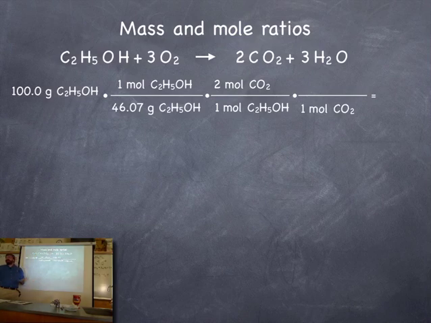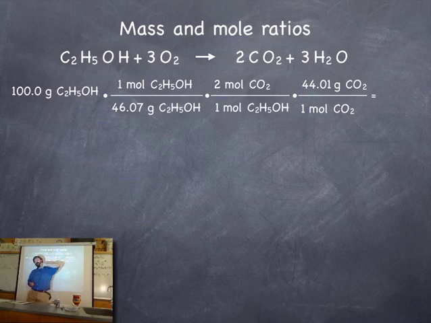The periodic table gives me that information. If I add the value of 1 carbon plus the value of 2 oxygens from the periodic table, that will tell me how much 1 mole of carbon dioxide weighs. I started with grams of ethanol, converted to moles, used the mole ratio from the balanced chemical equation, and now I've converted back into grams, but instead of grams of ethanol, grams of carbon dioxide.